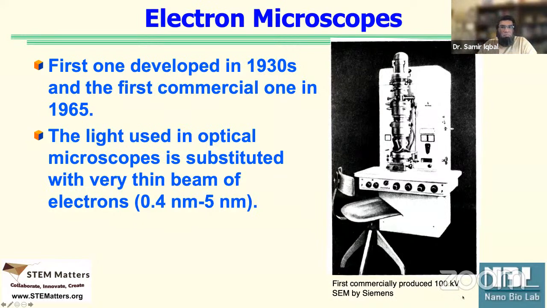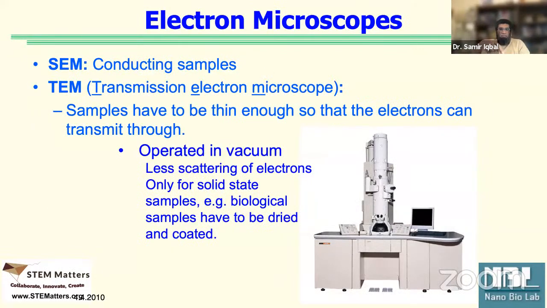And there are two types of electron microscopes. One is where we throw electrons at the sample, and we like our samples to be conductive because we need to have enough electrons for the surface or for the features to be emitted back.